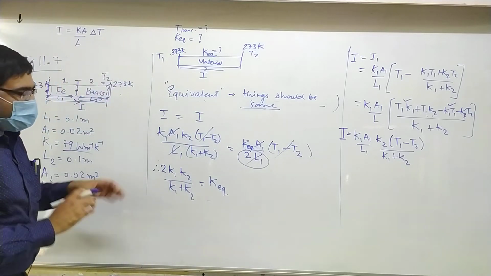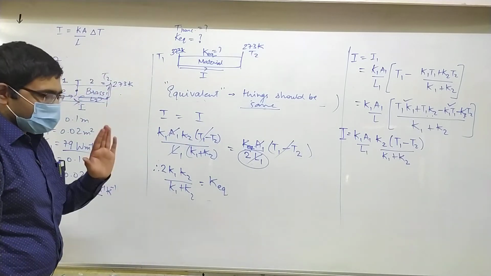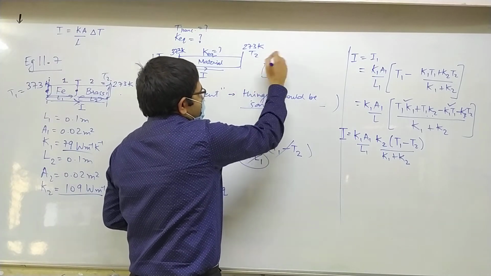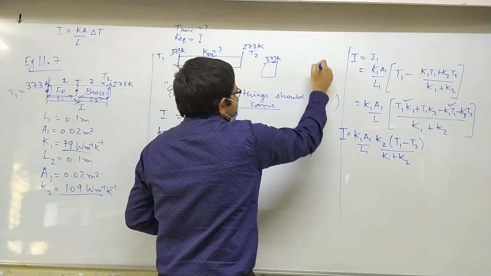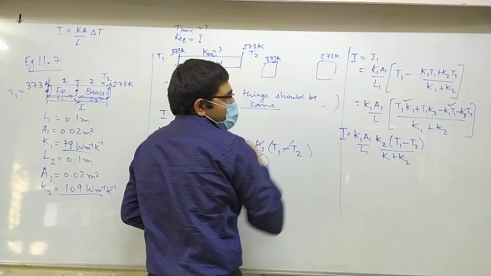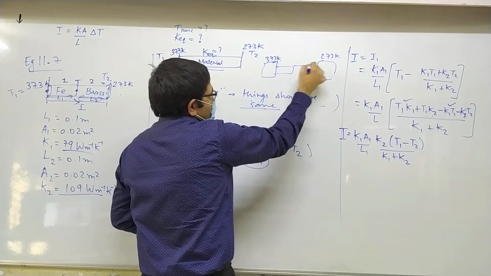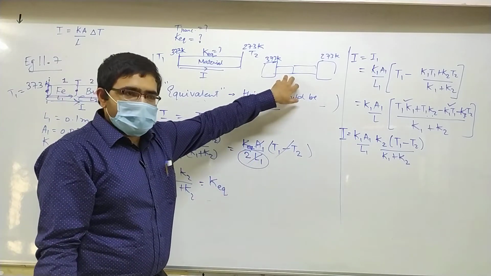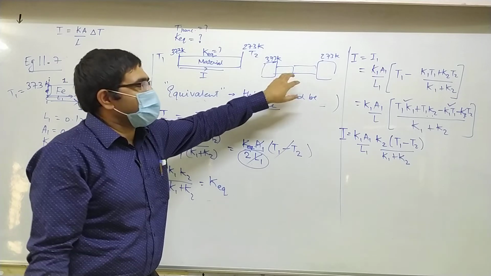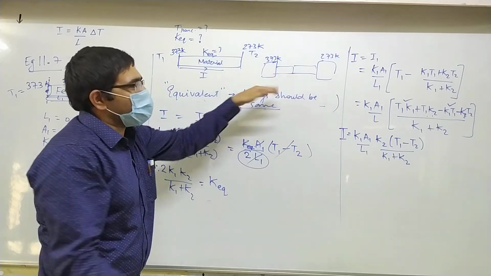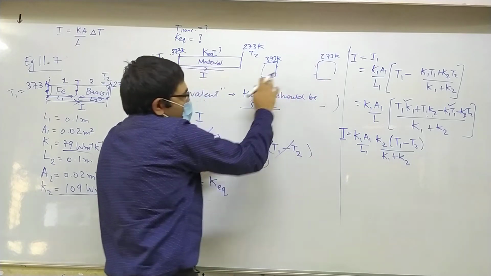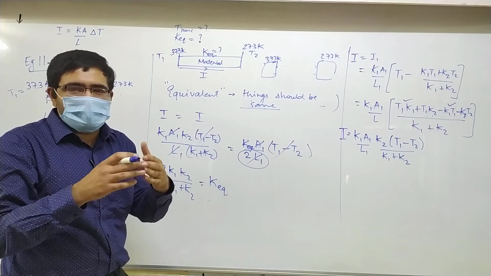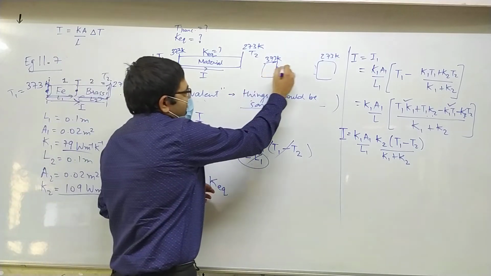I think 2L1. So why are we writing 2L1? Let's say I give you two bodies. Here is one body whose temperature is 373 Kelvin, and here is one body whose temperature is 273 Kelvin. Right now I have put two different bars over here. If you want to replace both of these by just one bar, but you are not supposed to change anything else, you can't put a bar of length L1.